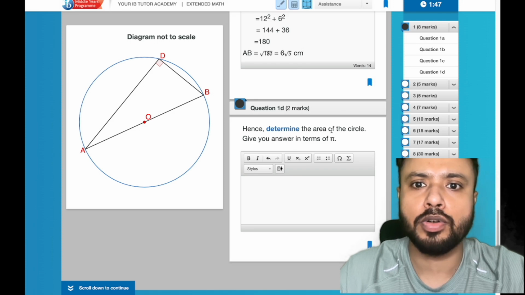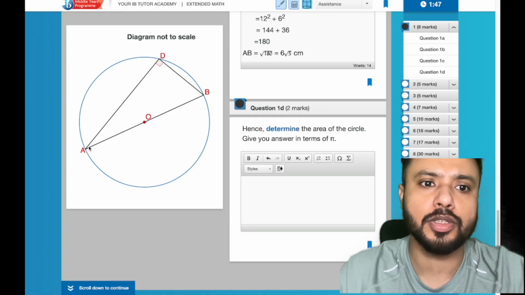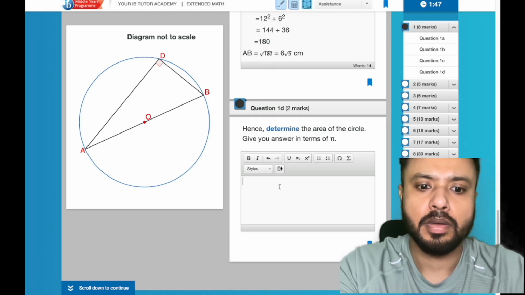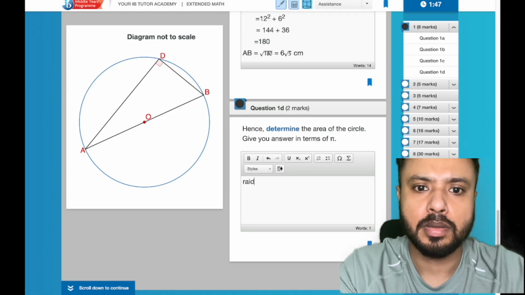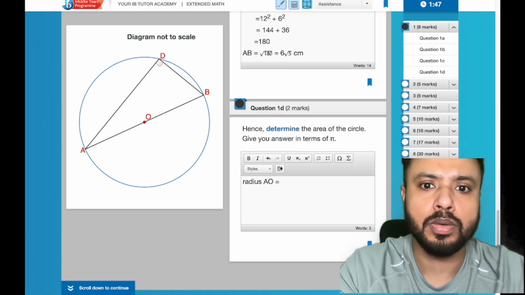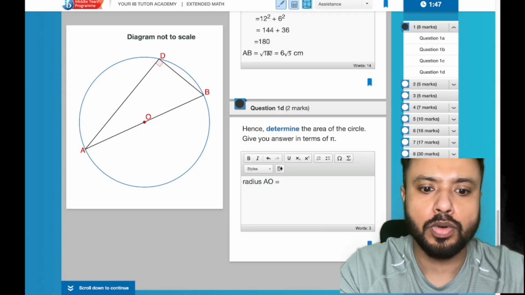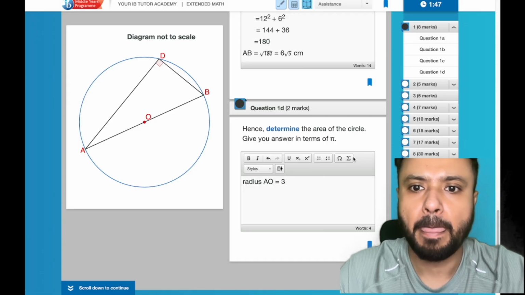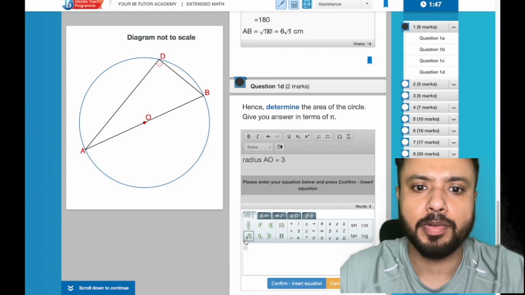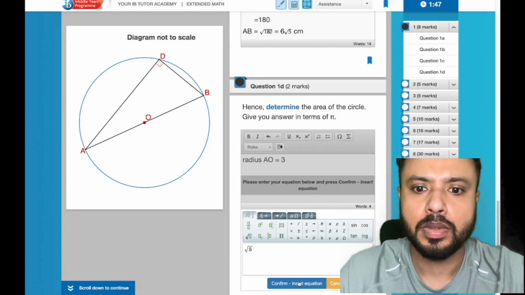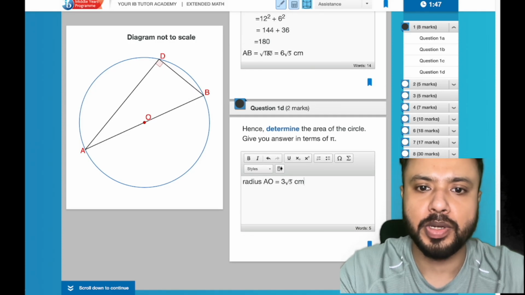Now they're asking you to find the area of the circle, and we have to find the area in terms of pi. So since AB is the diameter of the circle, that means the radius AO is equal to 6 root 5 divided by 2, which is 3 root 5 centimeters.